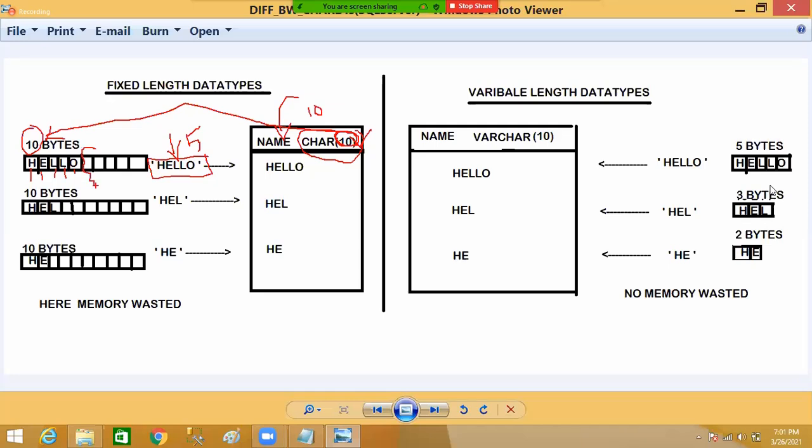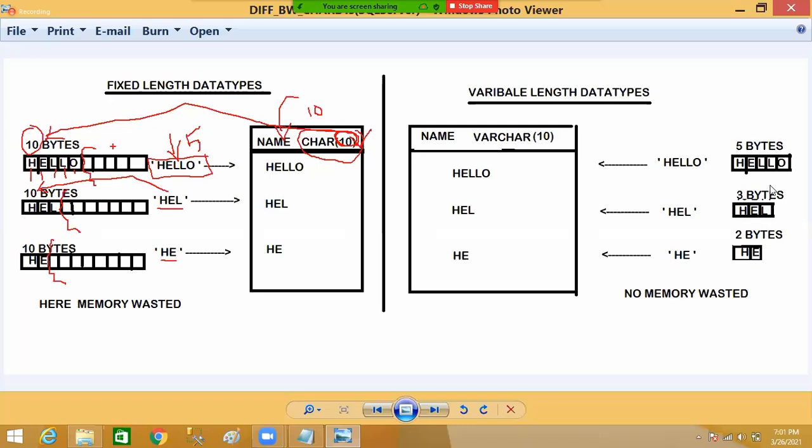Now in the same pattern, suppose the next expression is hell. It has 4 characters, but for the hell expression also 10 bytes of memory are allocated. Out of 10, 4 are occupied, so 6 bytes of memory are wasted. And similarly for the third one, 8 bytes.